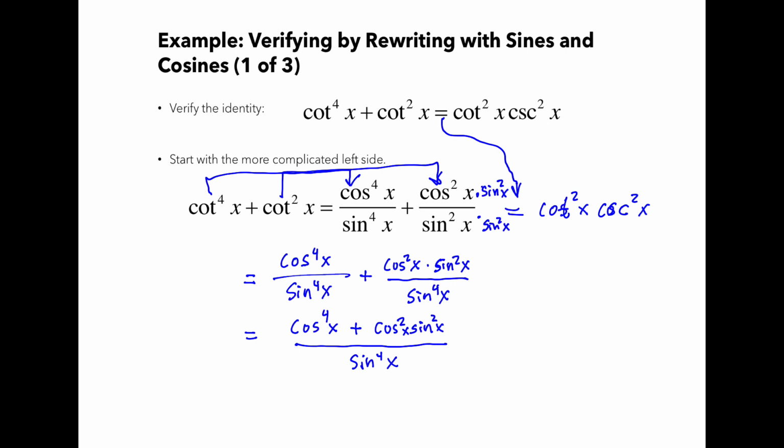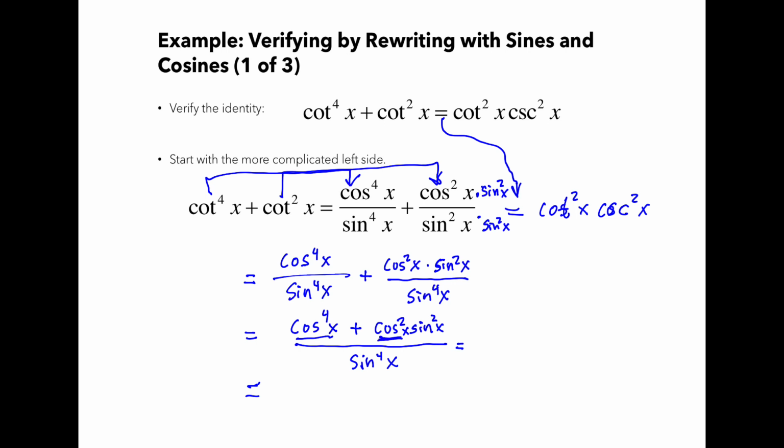Still doesn't look like what I have over there, right? Not quite there yet. However, I can notice that across this plus sign, there is a common factor that I could choose to factor out. That will at least change what I have on the top into a statement of multiplication rather than a statement of addition, right? So when we factor, we're undistributing it, as I like to say.